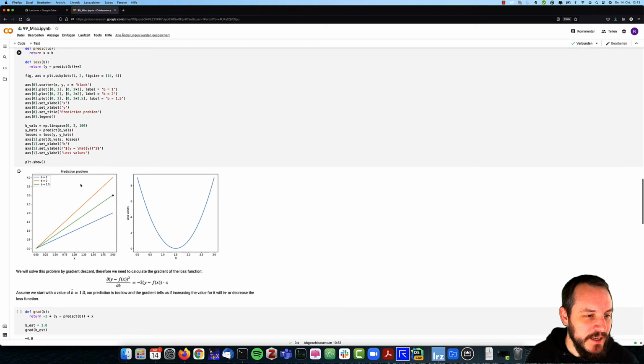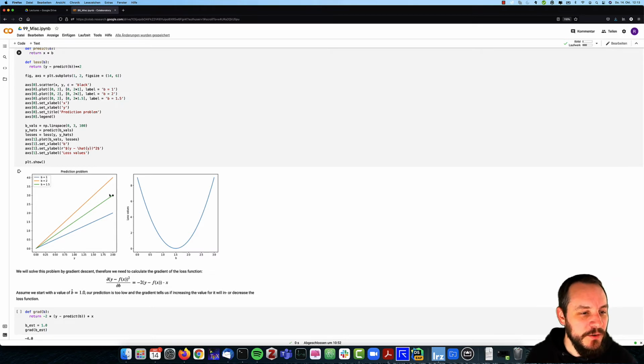So as you can see here graphically, this just means we have a linear function which goes through the origin, and then we have here the true realization, and we're looking for the slope of this line such that it goes through this point. So this is what's behind this problem.